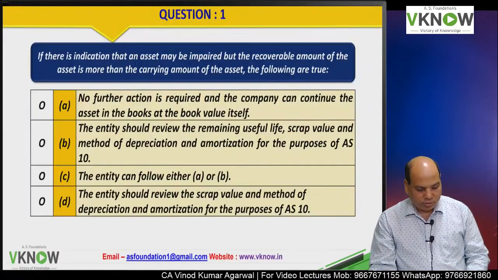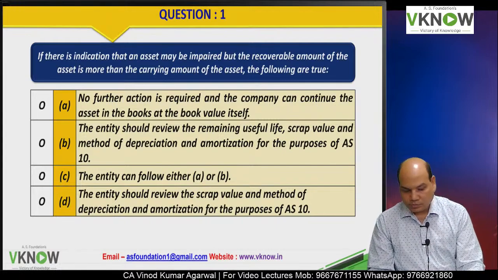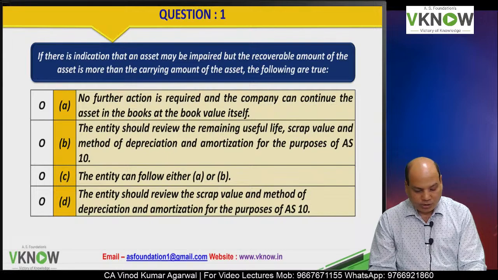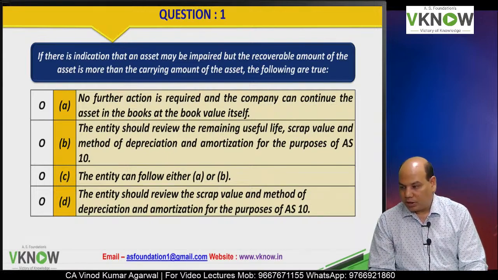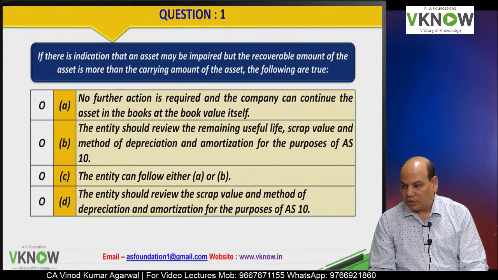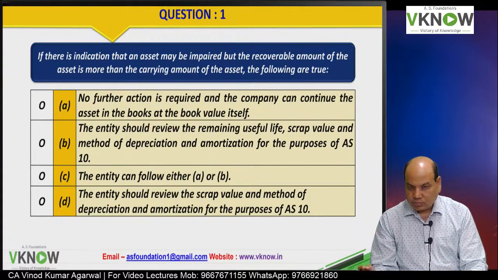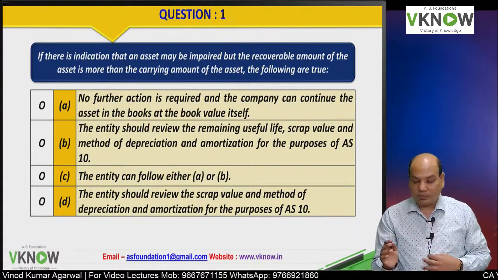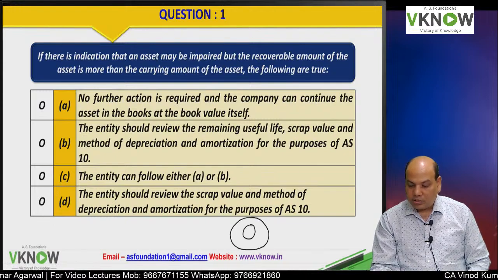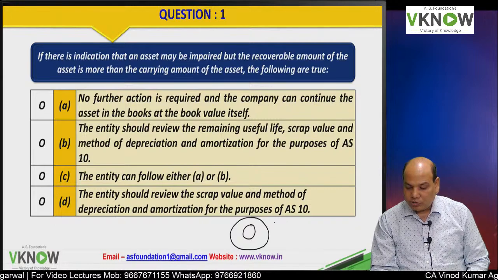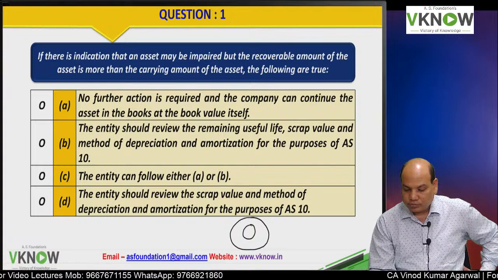Now we'll take 4 MCQs. Quickly reply. If there is an indication that an asset may be impaired, but the recoverable amount of the asset is more than the carrying amount of the asset, the following are true.